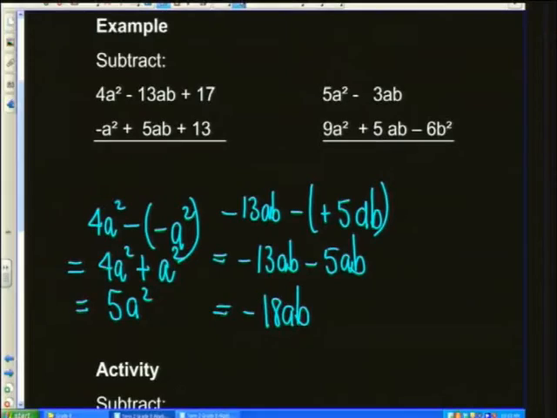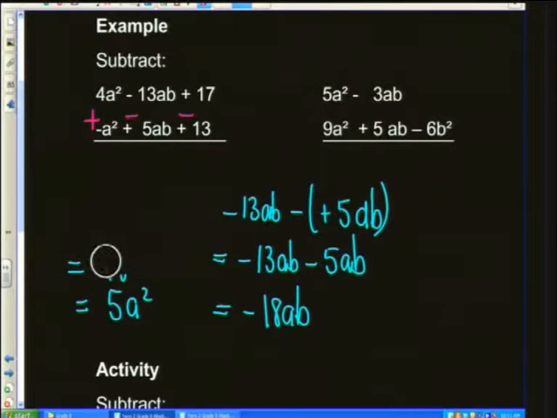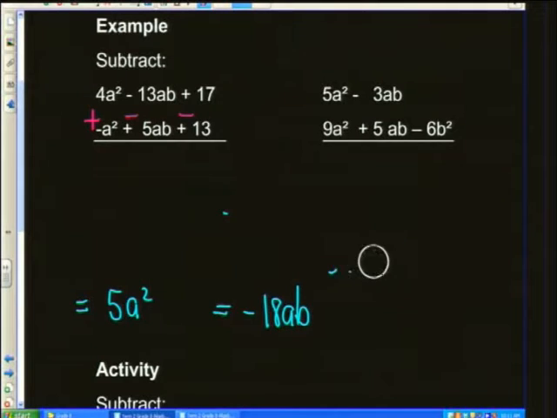So instead of subtracting, I can add the opposite sign. I change the signs and I add. I'm just going to leave the answer here so that we can check if our answers are correct. Right, 4a squared plus a squared. 4 plus 1 will give me 5a squared.